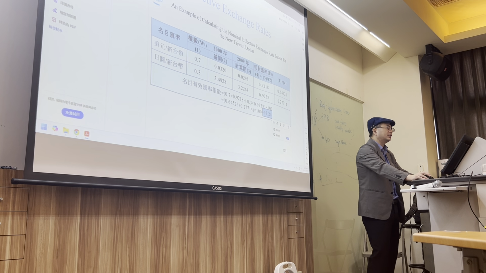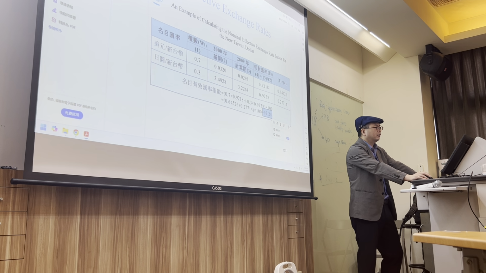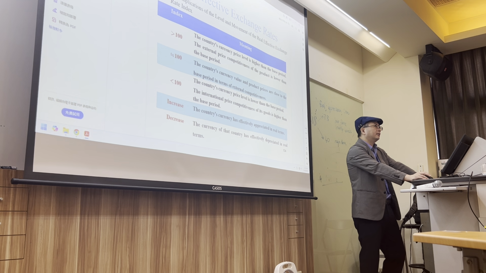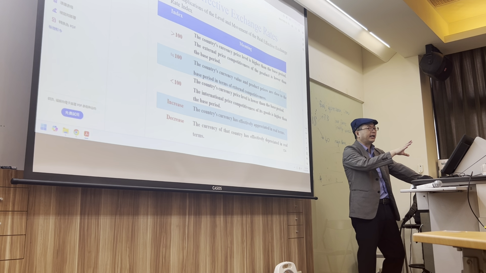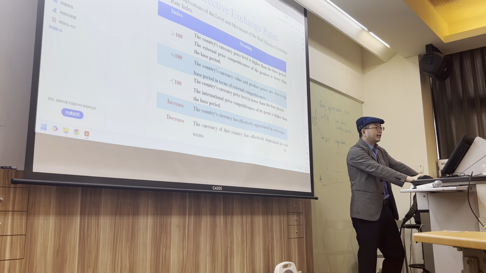This means the value of Taiwan's currency actually goes down relative to Japan and the USA. But if you look from the angle of exports, this means our exports become more competitive because they become cheaper from Taiwan.